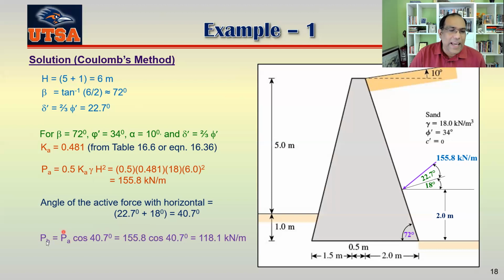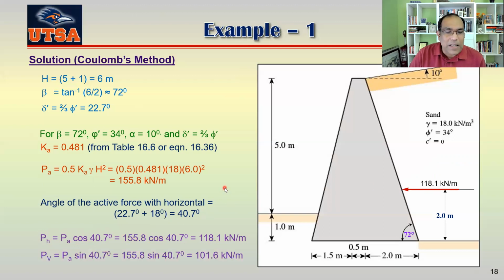Now your PH, the horizontal component of your PA, has to be PA cosine of this angle, so it's 118.1 kilonewton per meter. And then your PV is PA sine 40.7 degrees.